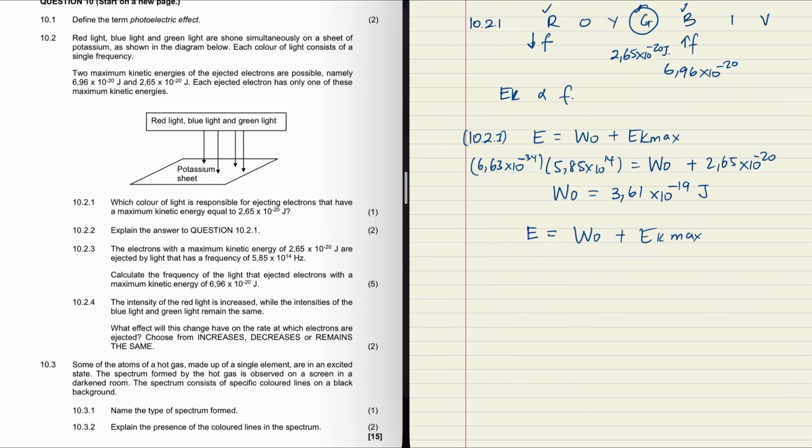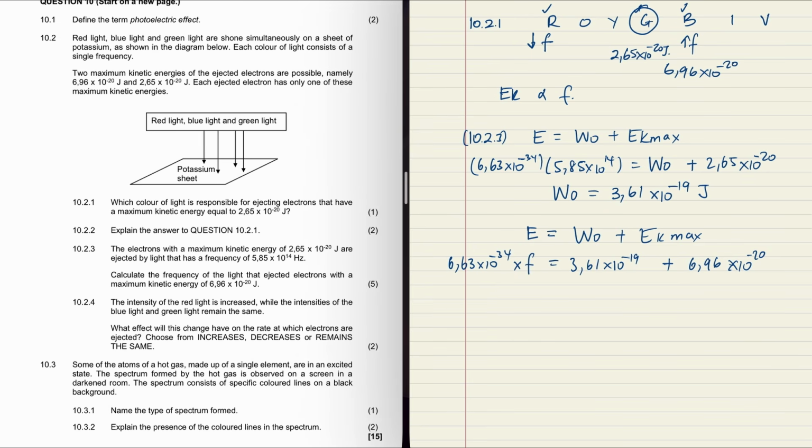Now when we're using the kinetic energy for the blue light, the EK value here is going to be 6,96 times 10 to the negative 20, plus we know the W naught value, 3,61 times 10 to the negative 19, and that's equal to h, which is the same, so 6,63 times 10 to the negative 34, multiplied by the frequency.